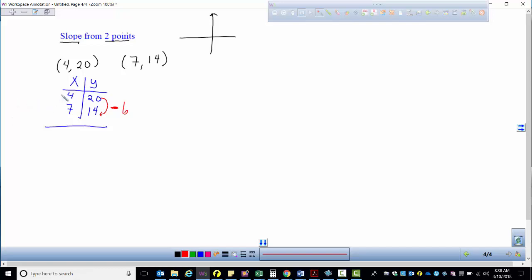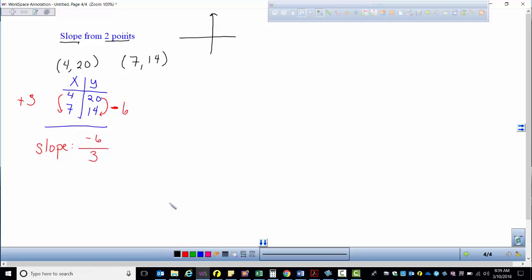And on this side, I went from 4 to 7. That's bigger. 7 is bigger than 4. So I went up. And how many did I go up? Well, from 4 to 7 is 3, because 7 minus 4 is 3. And to get our slope, just like we have been doing, I have to take the y, -6, divided by the x, which is 3.